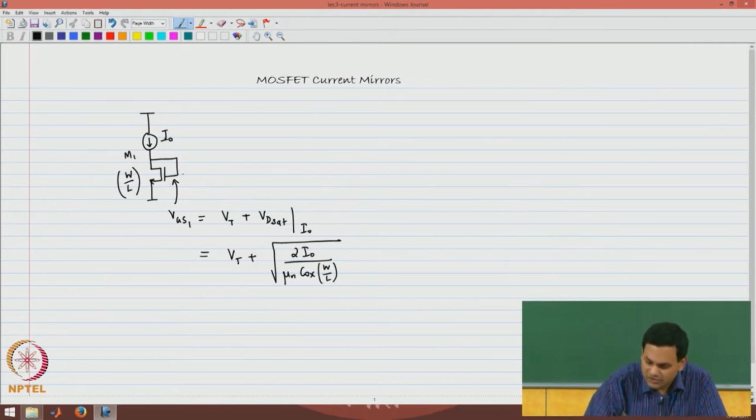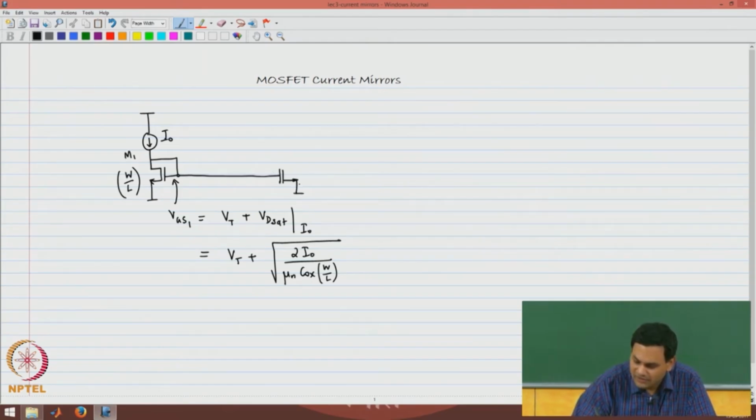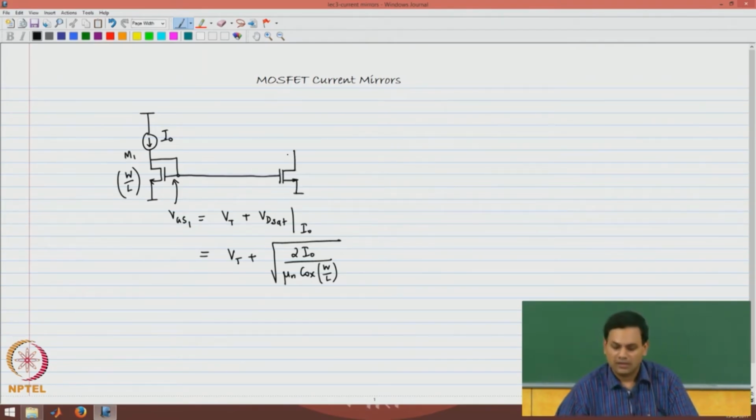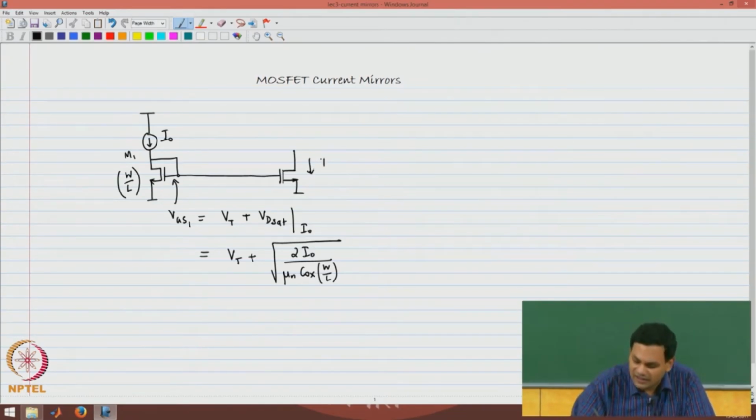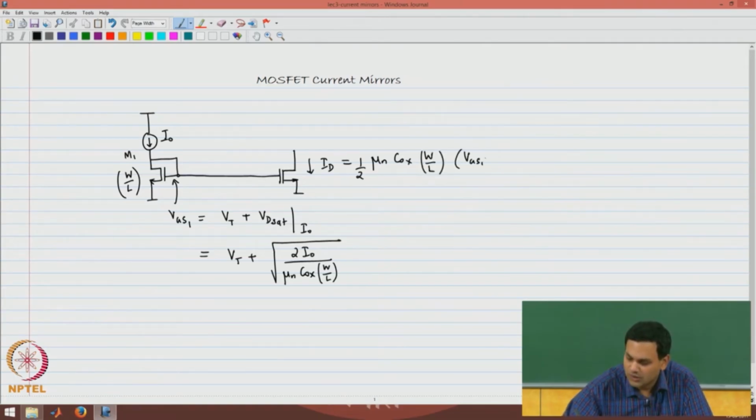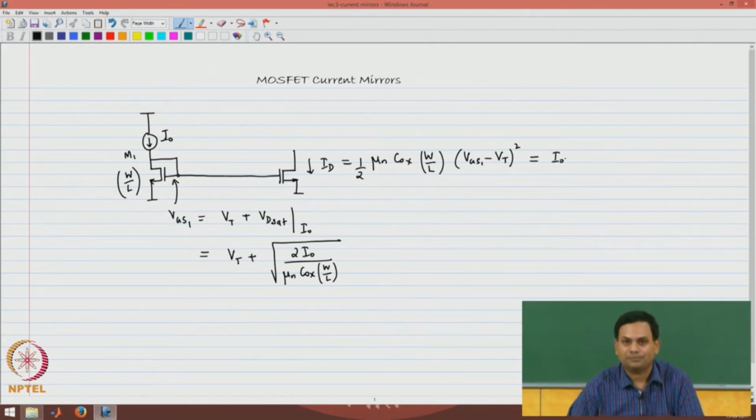Now, this voltage can be applied to a second transistor, which will have a drain current related to the gate source voltage as half mu n C ox W over L into VGS1 minus Vt the whole square. If you ignore the dependence of the drain current on the drain source voltage, this will clearly be equal to I naught.